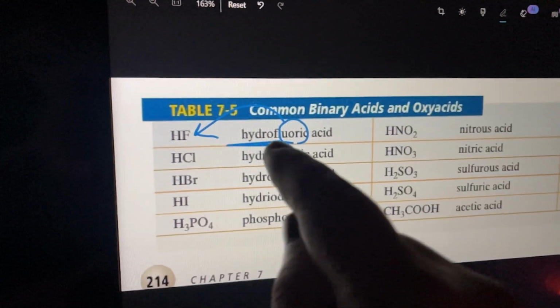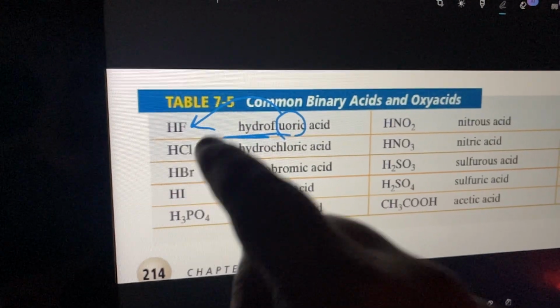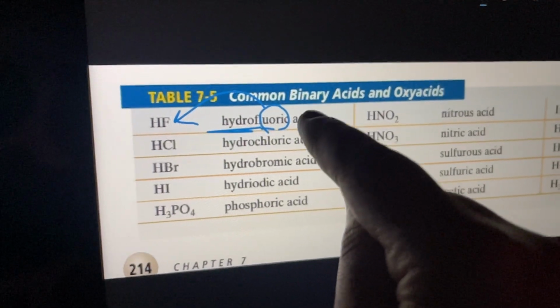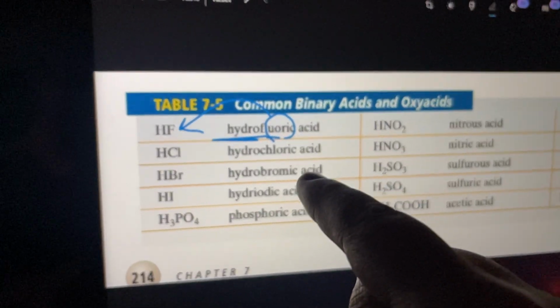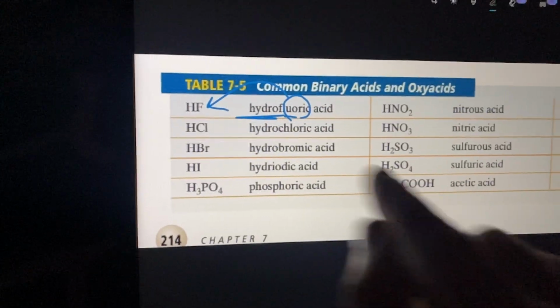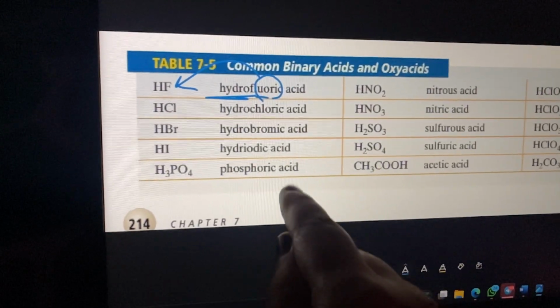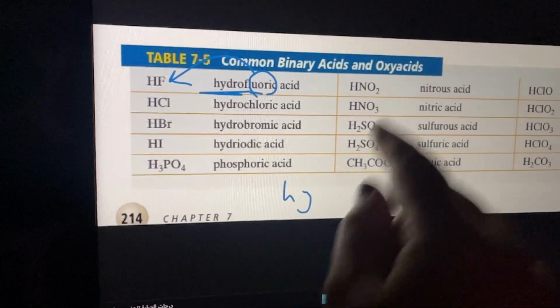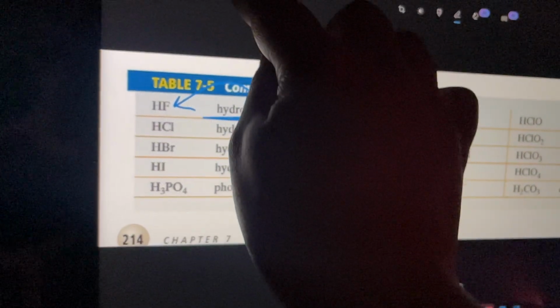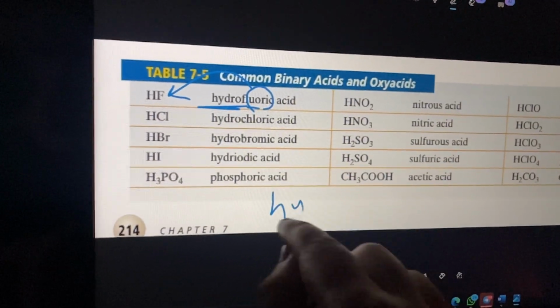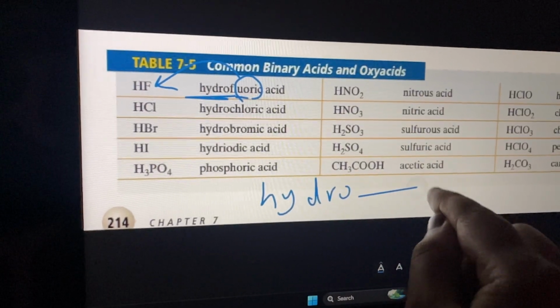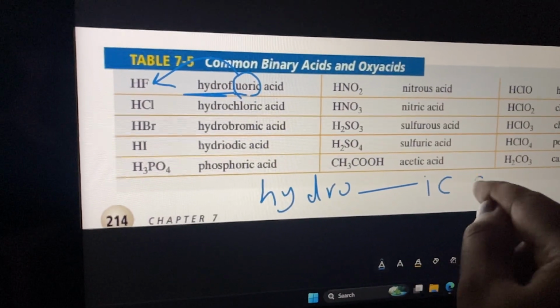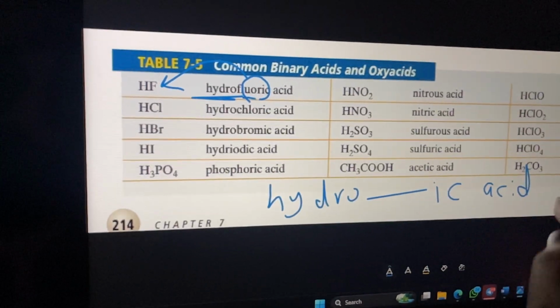At the end of the name of the element, we have the suffix -ic. So the rule for naming binary acid is: prefix hydro, name of element in group 17, -ic, acid. So that's the rule.